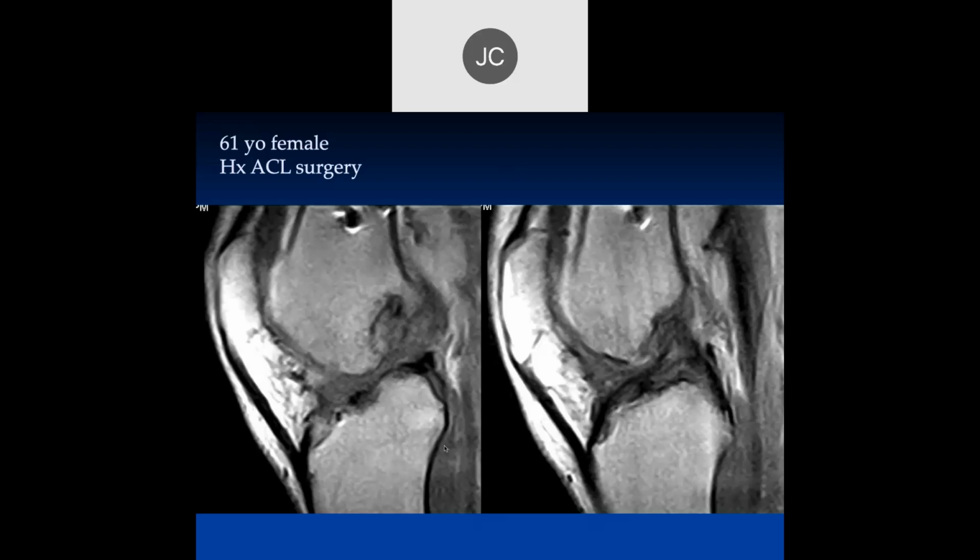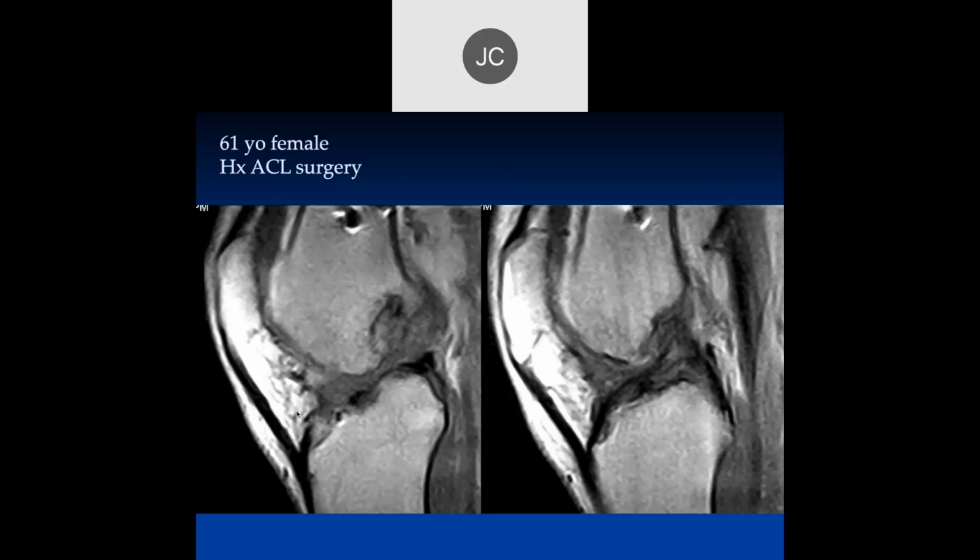There's pretty amorphous looking ACL fibers near the origin, but the distal anterolateral band looks intact but a little undulated. Yeah, so this is an old surgical procedure where they actually take part of the patellar tendon. It's called the Jones procedure.